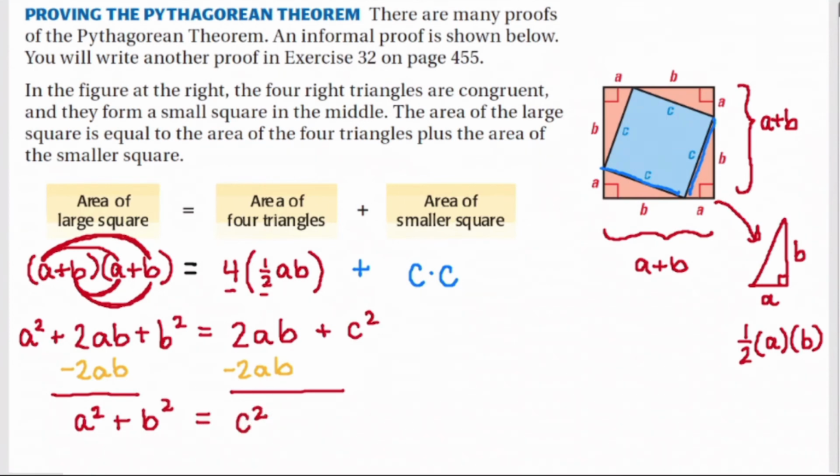And so if you believed all those other steps, then you have to believe that a squared plus b squared has to equal c squared. And remember that a, b, and c stood for the lengths on that right triangle. So that's kind of fun, just some math enjoyment for you today.